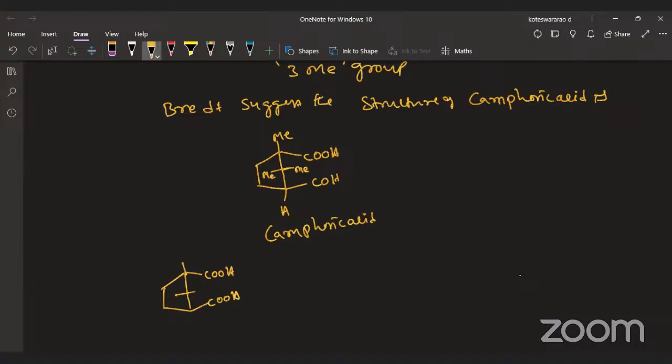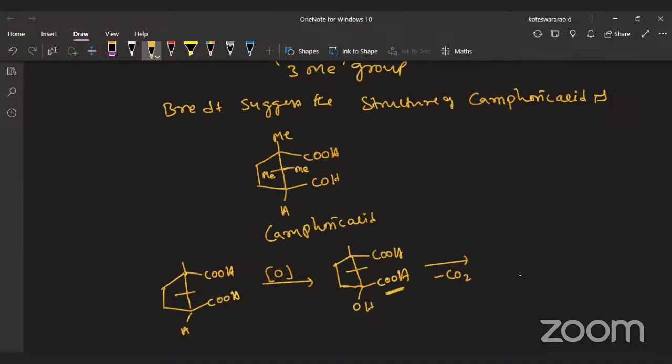He applied oxidation on this camphoric acid. Then first, initially a hydroxy compound is generated. This hydroxy compound undergoes decarboxylation.